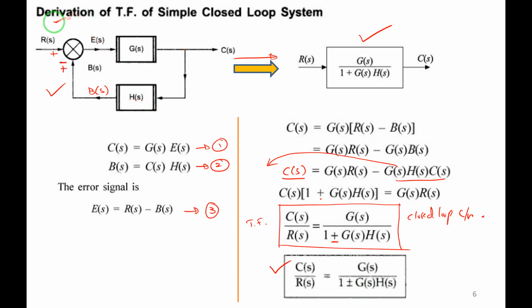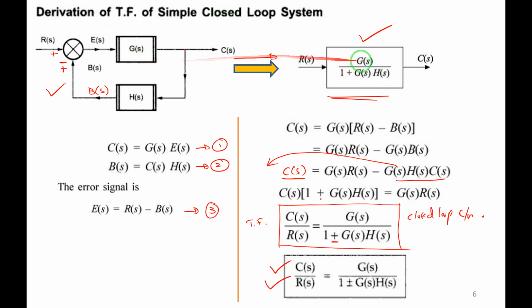We have seen the derivation of the transfer function of the simple closed loop system. We can represent it like this: whatever we have obtained, we represent in a block G of S divided by 1 plus G of S into H of S. The input is R of S and output is C of S. So this is the transfer function representation of the simple closed loop system, consisting of a single block.